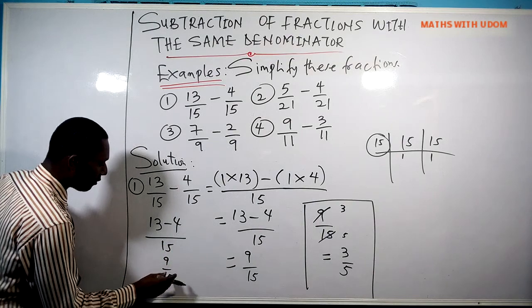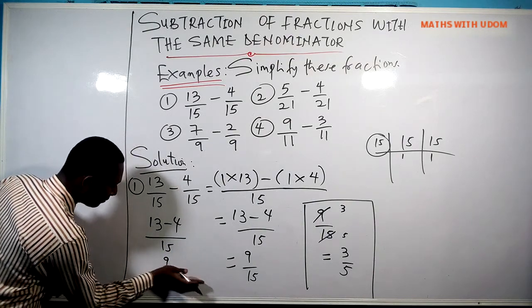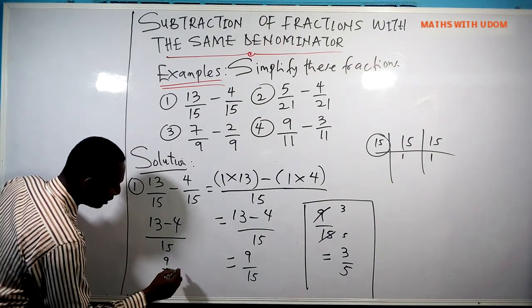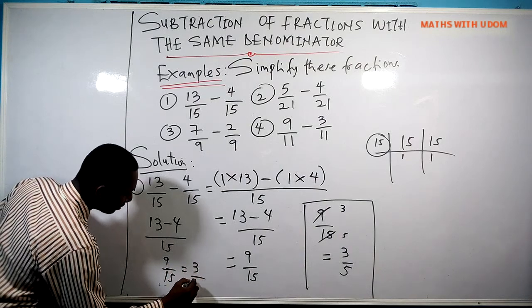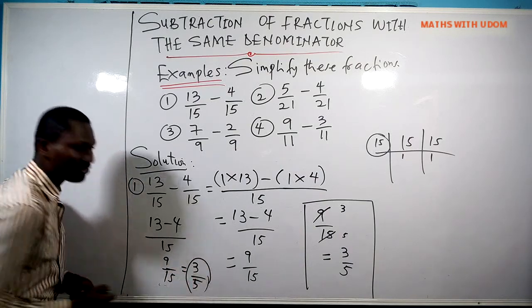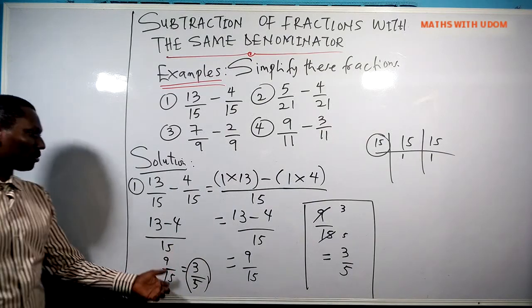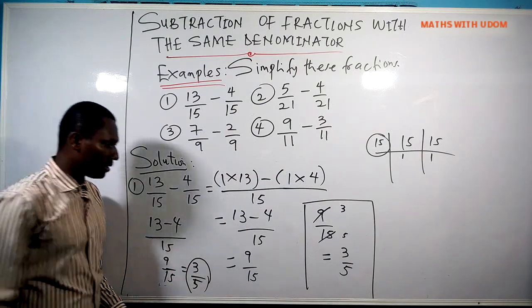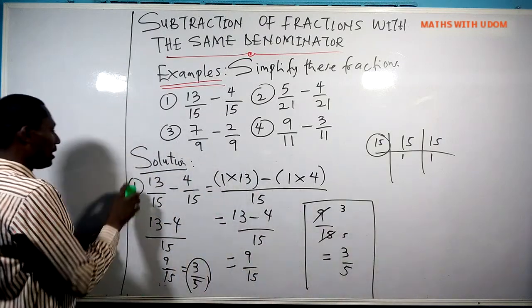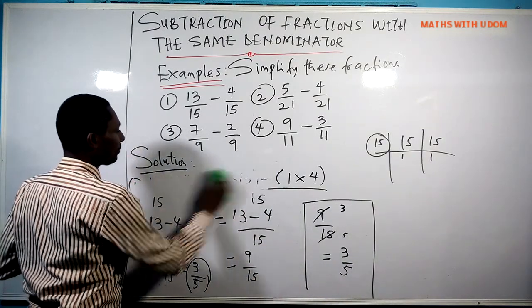If you simplify further, you get 3 over 5. You still get the same answer as the other one using method 2. So that's how to work this out. Alright. Example 2, quickly.